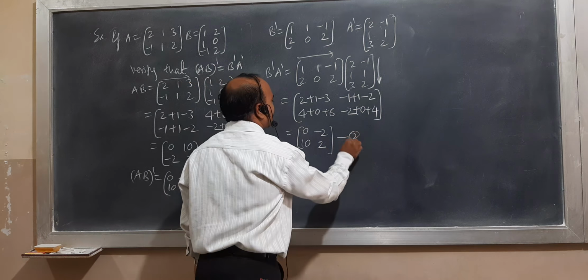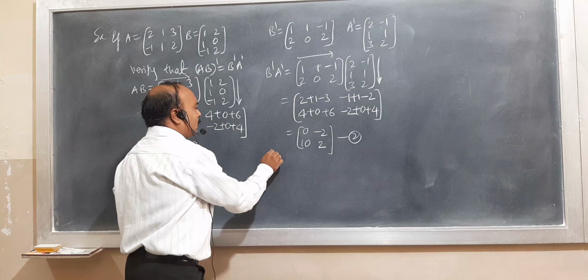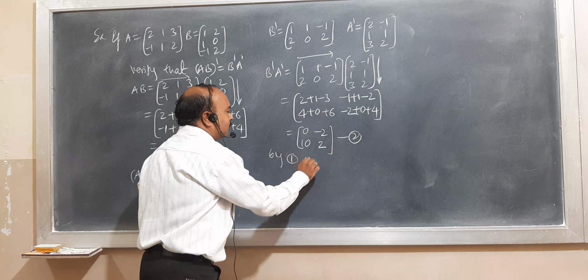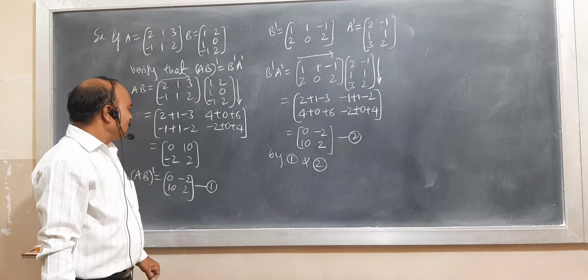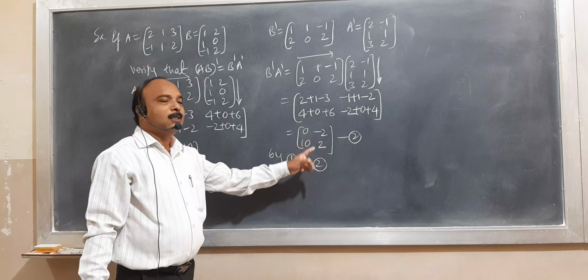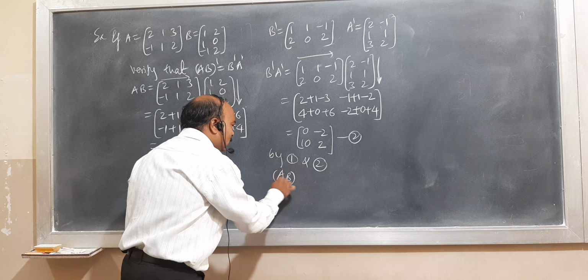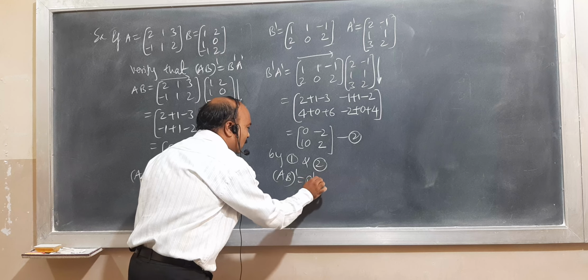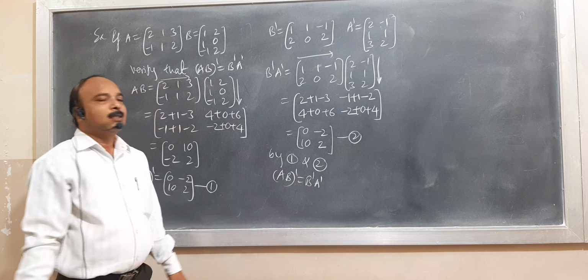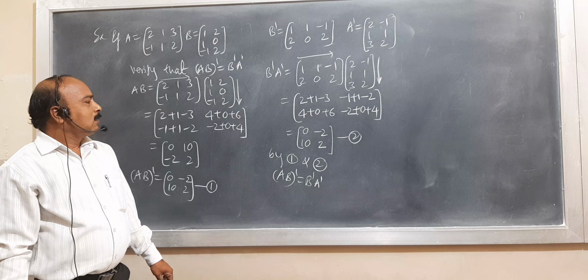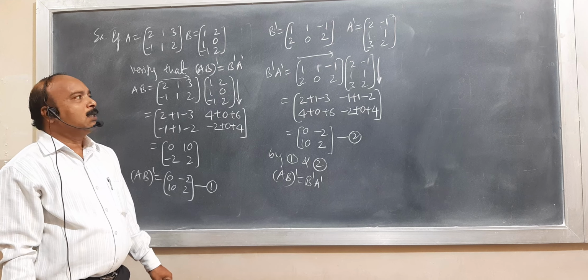Call this as 2. Now by 1 and 2, we observe that right hand sides are equal, therefore LHS are also equal. So (AB)' equal to B' into A'. It is verification of the given result.